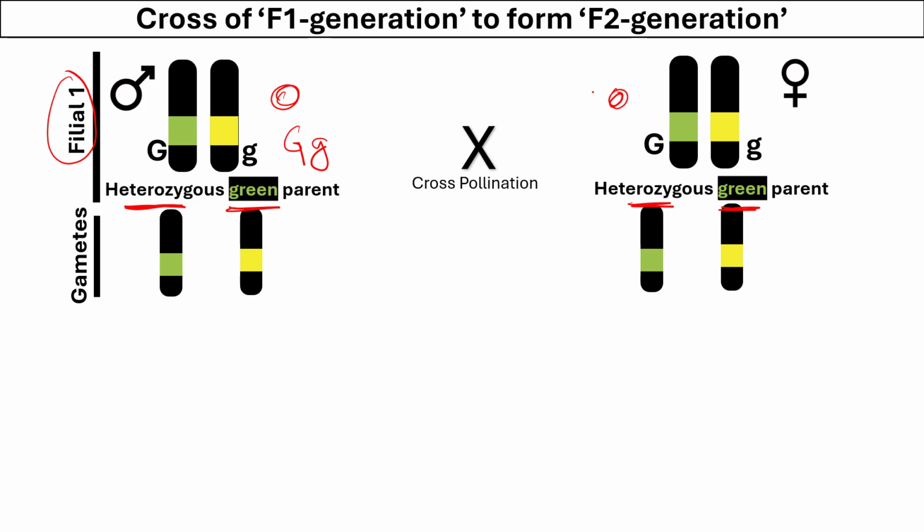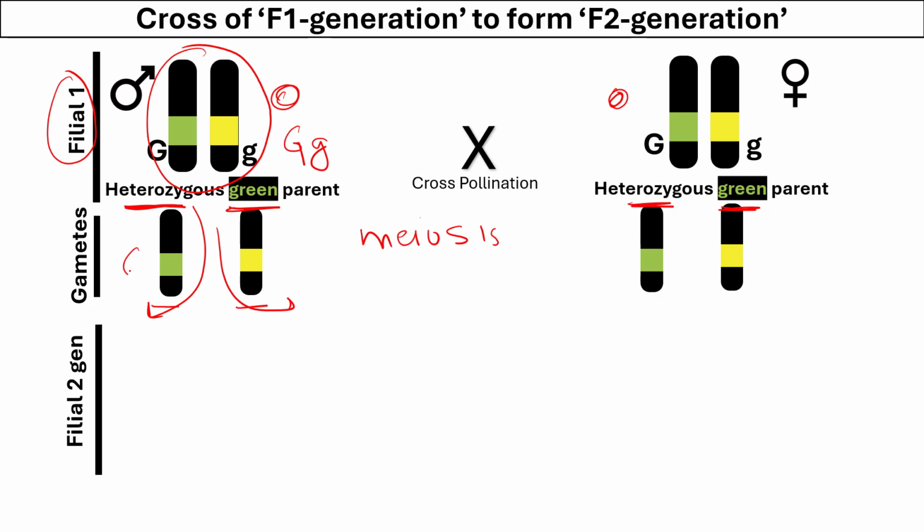But before fertilization, they have to undergo meiosis to form the gametes. So the gametes will have half the number of chromosomes. This homologous pair of chromosomes gets separated into the two gametes. So one gamete will have capital G and the other gamete will have a small g.